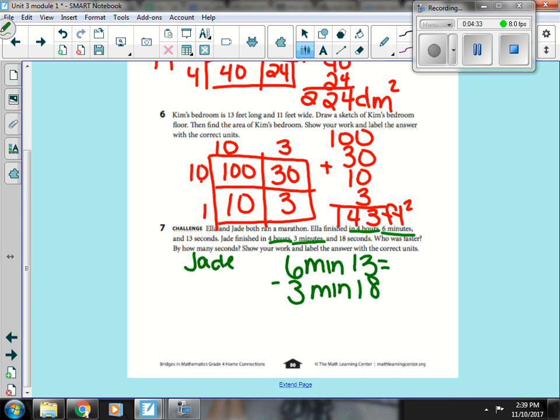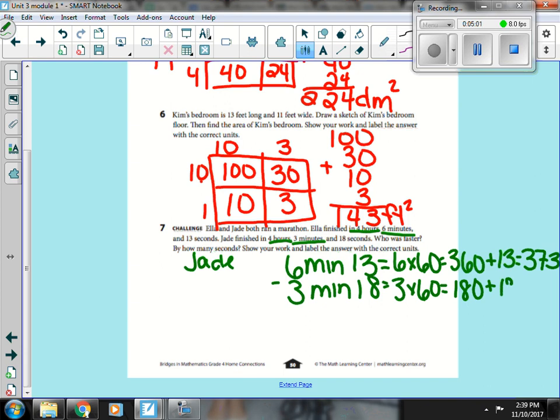So what I'm going to do is 6 times 60, because there's 60 seconds in a minute, and that's 360 plus the 13 that I had for 373. And then I'll do the same thing here. 3 times 60 is 180 plus the 18 seconds that I already had, 198.